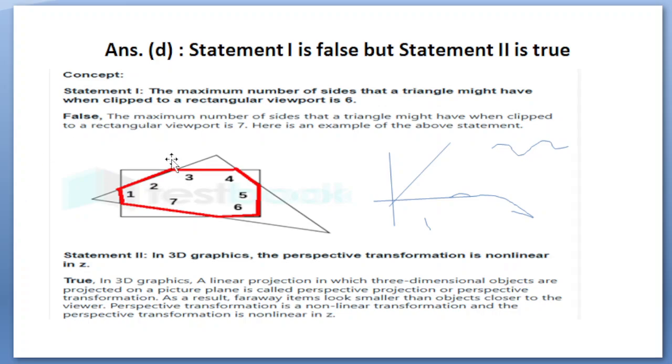Sorry, the statement one is false and statement two is true. What we will get is seven sides, but statement two is true. Z is non-linear. I hope you are all clear with this statement.